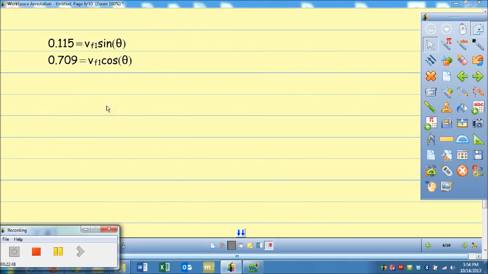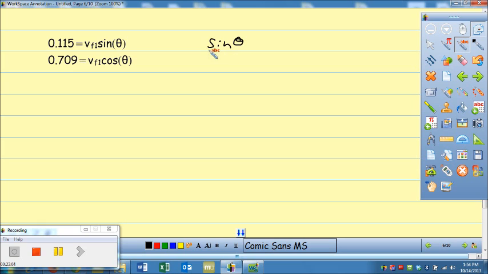I made a fresh page and put our two equations on it. Now I'm going to divide this equation by this equation, because sine theta divided by cosine theta equals tangent theta.